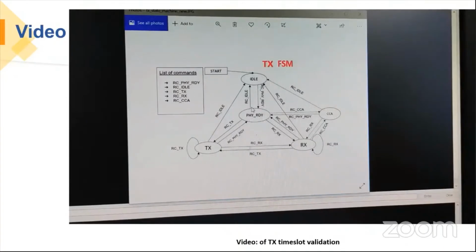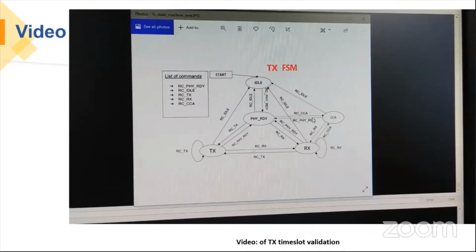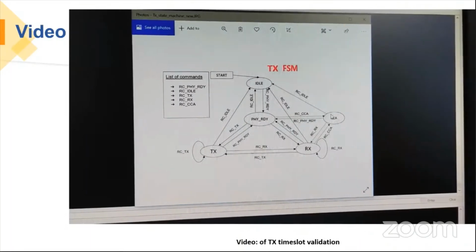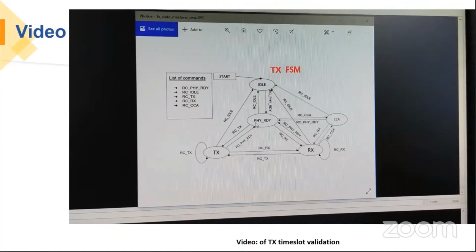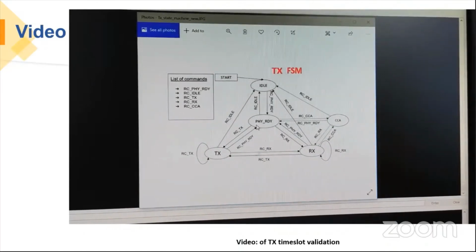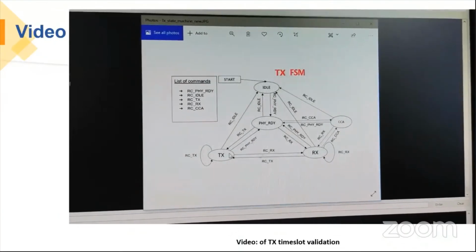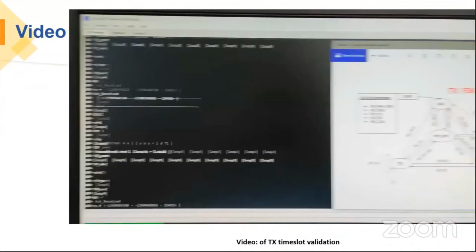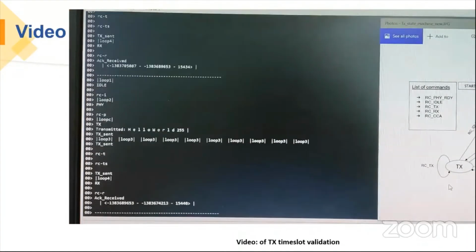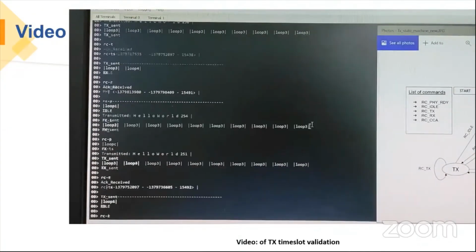Then from there, it might go to CCA. It does a CCA, RC CCA, comes back, and then goes to TX state. Then it does a transmission, goes back to phi ready, and receives the packet. All of that is captured in the state machine picture here, which clearly indicates that it is transmitting.